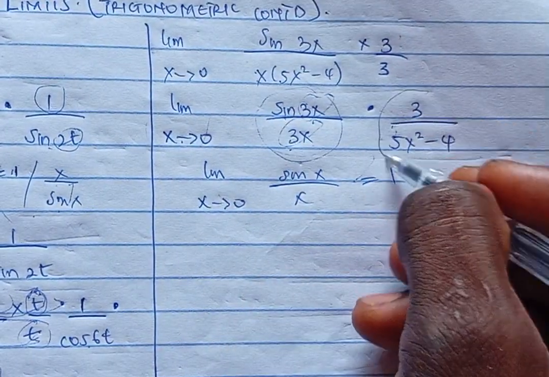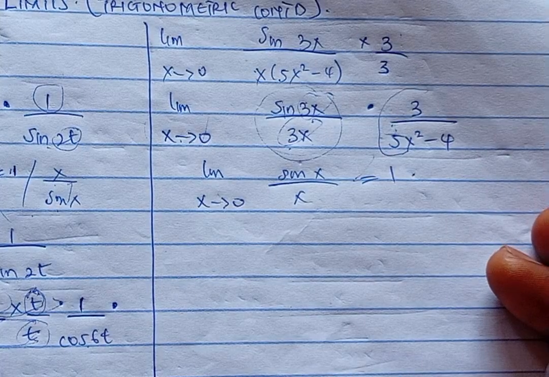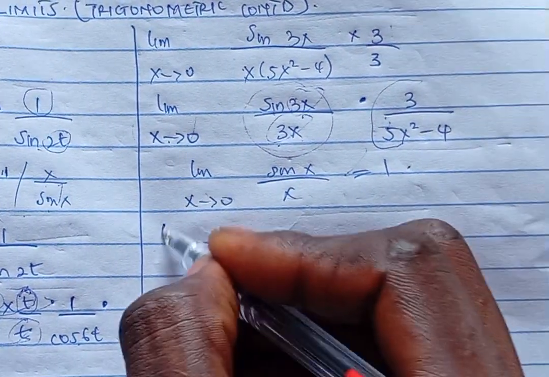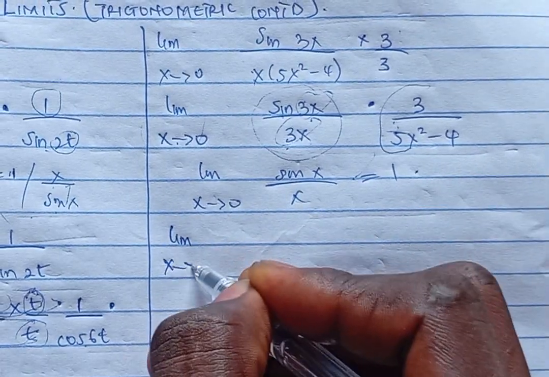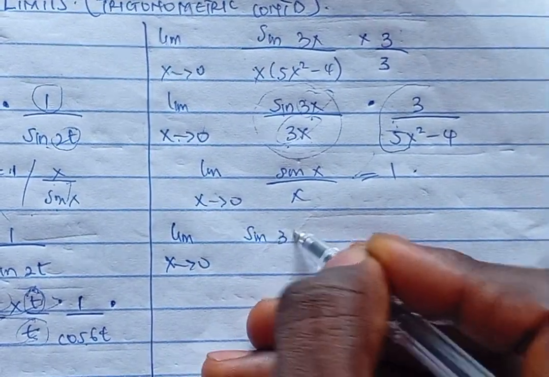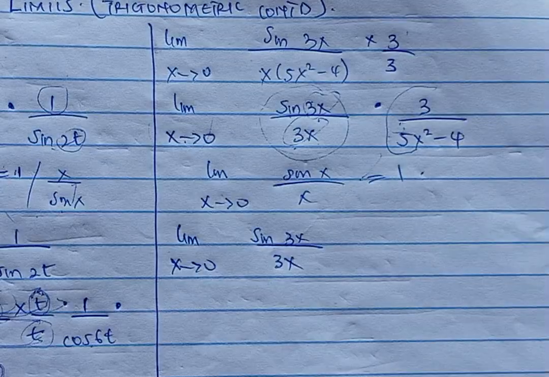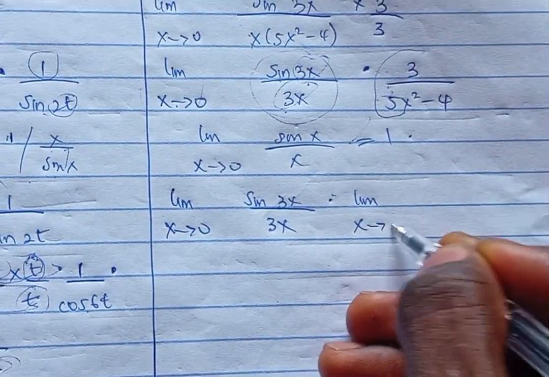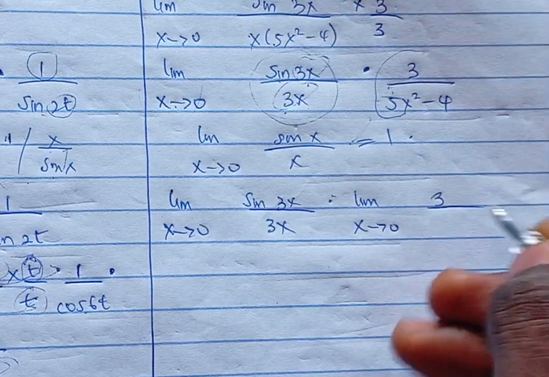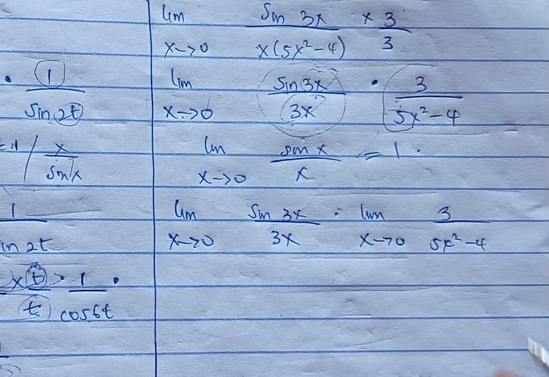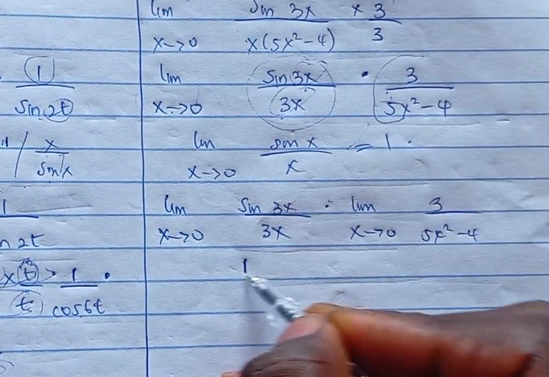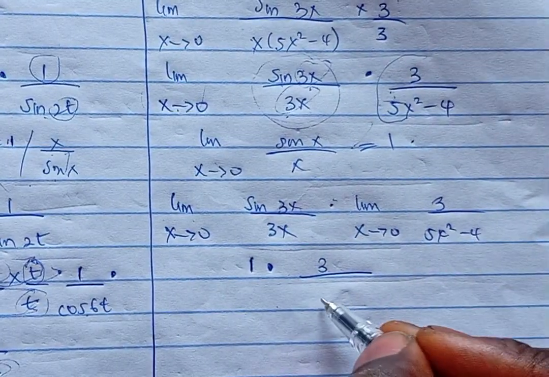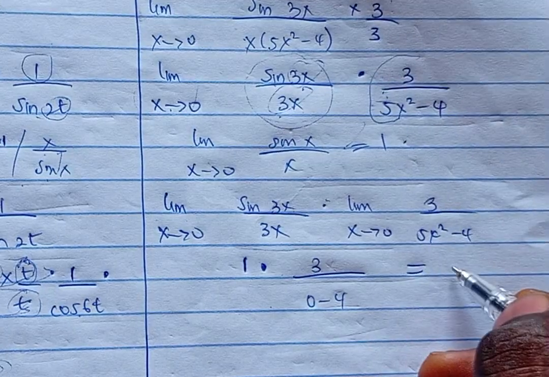You can distribute the limit across each, because it is multiplication, and the properties of limit allow us to distribute the limit across each function. So we have the limit as x tends to 0 of sine 3x over 3x, and I can distribute the limit across 3 over 5x squared minus 4. So this will tend to 1 multiplied by 3 over 5 multiplied by 0, minus 4. So our answer will be what?